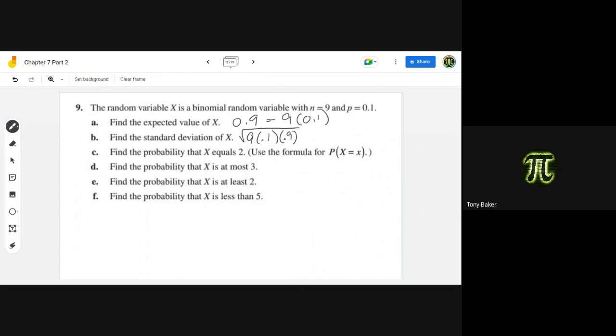So 9 times 0.1 times 0.9, which is also actually 0.9.